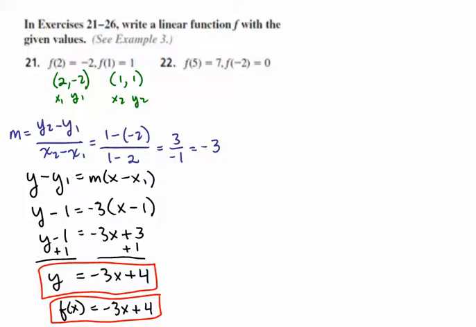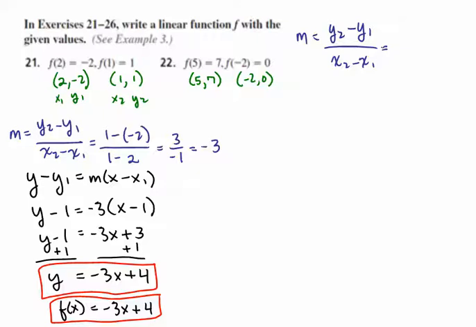First, identify the points. F of 5 equals 7 means when x is 5, y is 7. F of -2 equals 0 means when x is -2, y is 0. We're going to first calculate the slope. M is equal to y2 minus y1 over x2 minus x1.